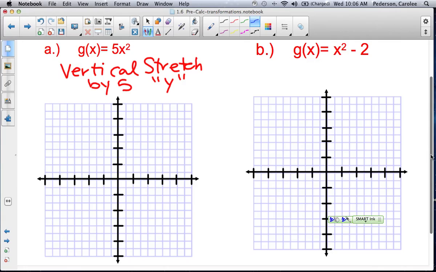Again, you can see the difference. The critical point will stay as it is, the vertex. But now the second point, 1, 1, is going to go where? Which value is going to change? The y. So it's going to stretch up to 1, 5, and negative 1, 5.